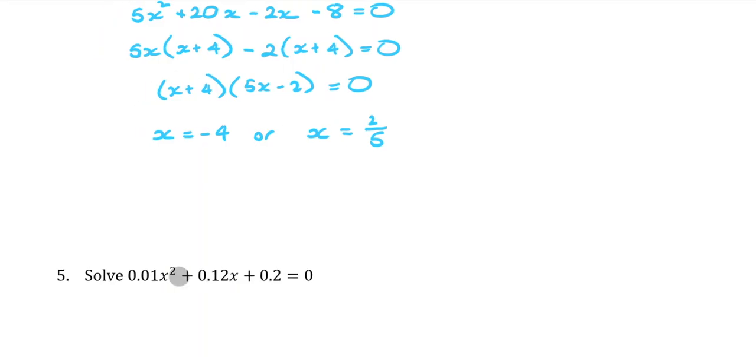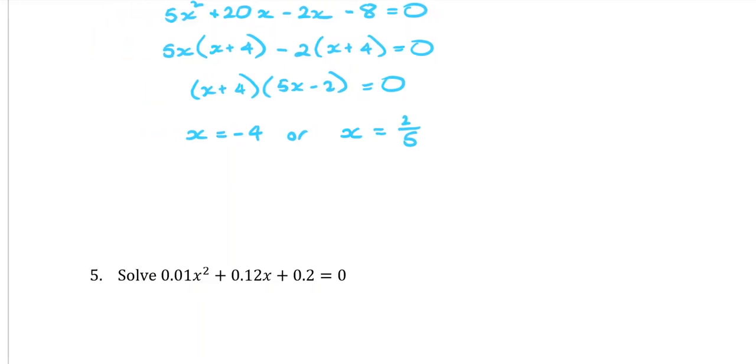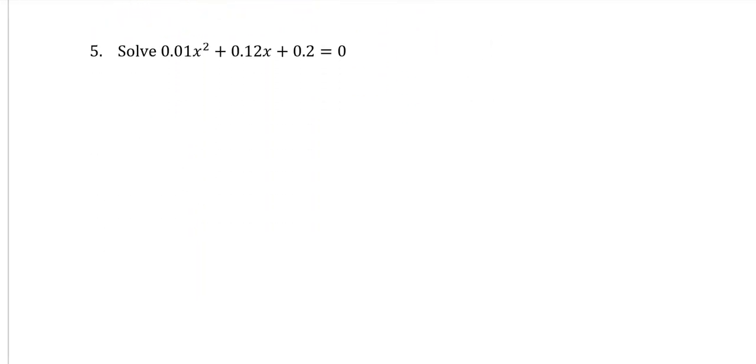Question 5. Just to put something different in here, we've got decimals in our quadratic equation. Don't try to factorise with decimals in there. Try to times by either 10 or 100 to get rid of the decimal places.